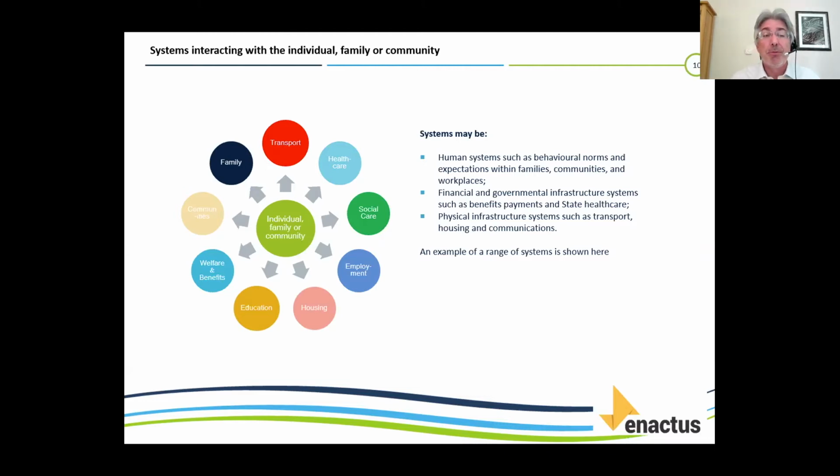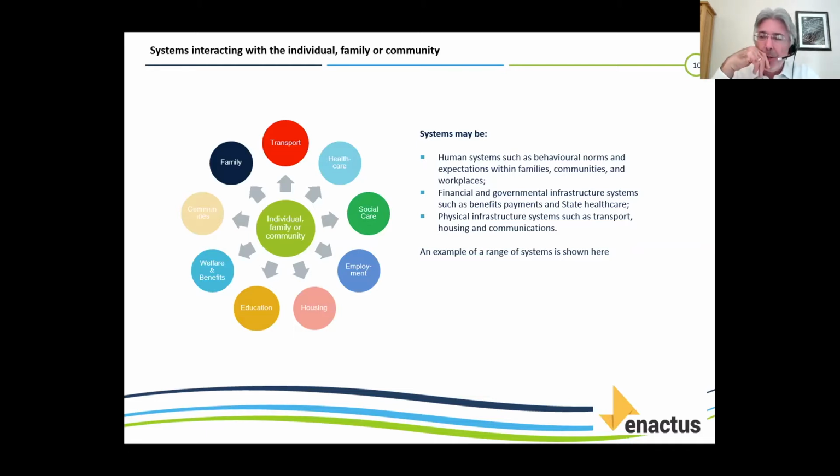I think this is from a map of terminal care done for Marie Curie. So we need to think not only about how do we improve the person and their presenting challenges, but how can we improve the system around them? And that is really about the entrepreneurial and sustainable bits of the Enactus programme.